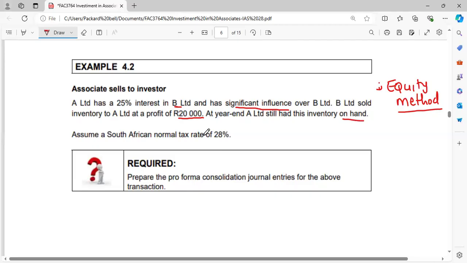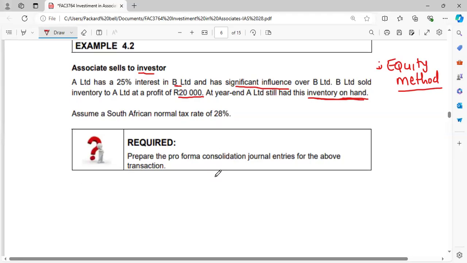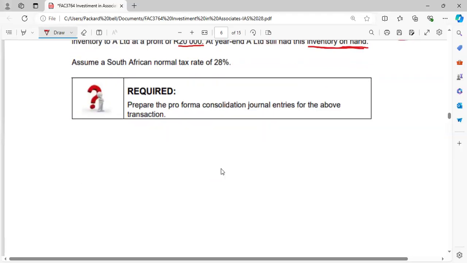So here, inventory, we are going to talk about it in our journal, because the investor is the one who is holding the inventory. So let's see how we do our journal entry.